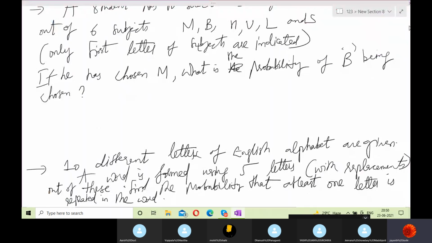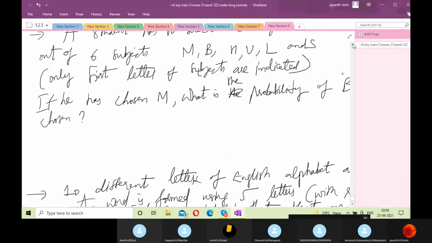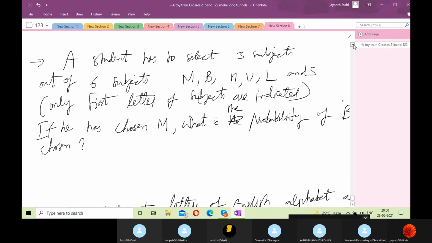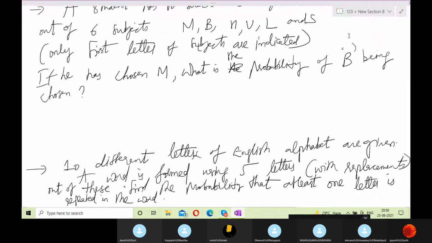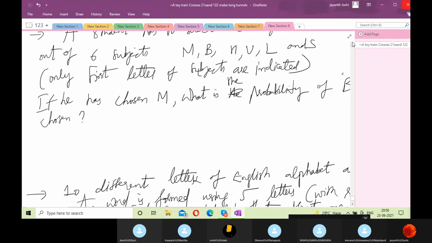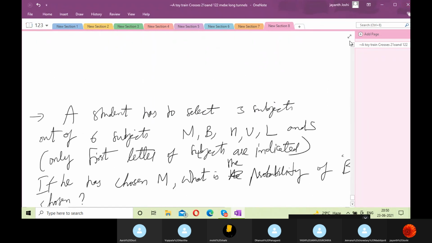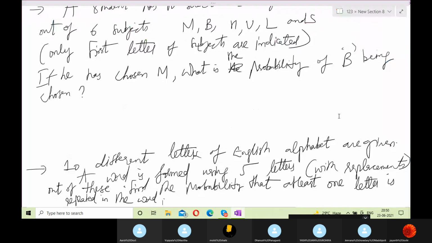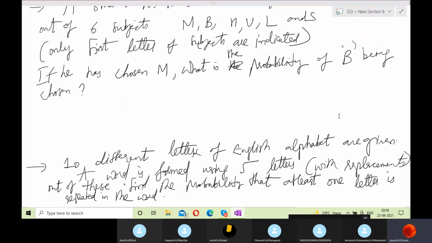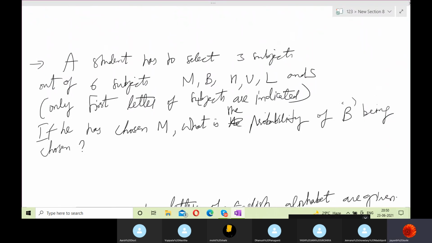So the first question given to you is this problem. So a student has to select 3 subjects, okay? Out of 6 subjects. So number of subjects given to you is 6.